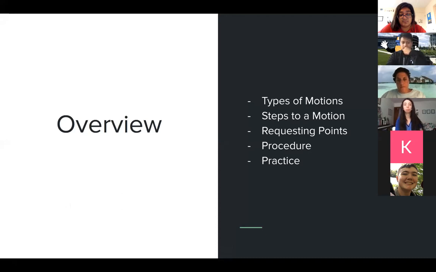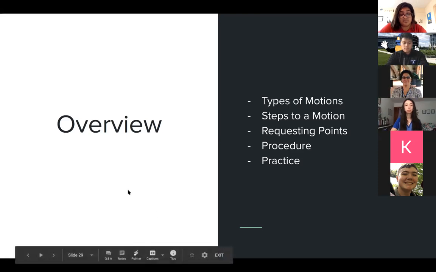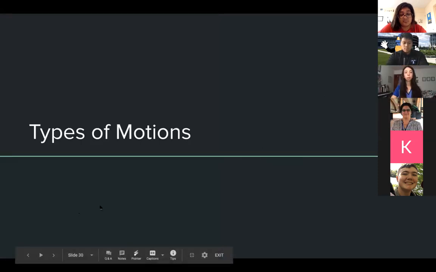They're used throughout the federal and state government, as well as during GAs. Depending on your chair, they could also be used during your committee meetings. Some chairs decide not to use them in smaller groups. So let's get into the specifics, starting with the types of motions.